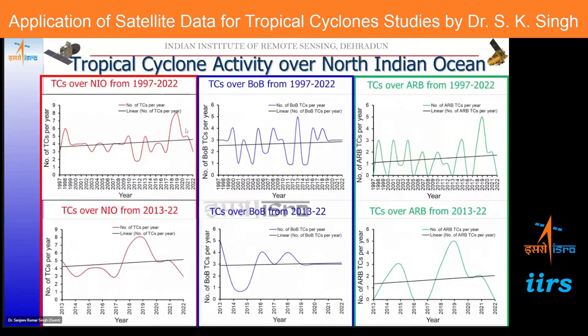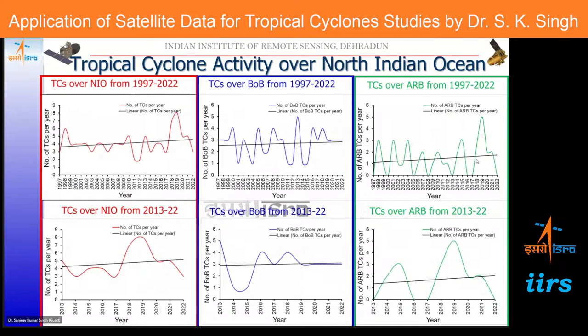This is the trend analysis during the same years. We can see that there is not much change in the number of tropical cyclone formations per year during 1997 to 2022. Over the Bay of Bengal, it is almost a constant formation.